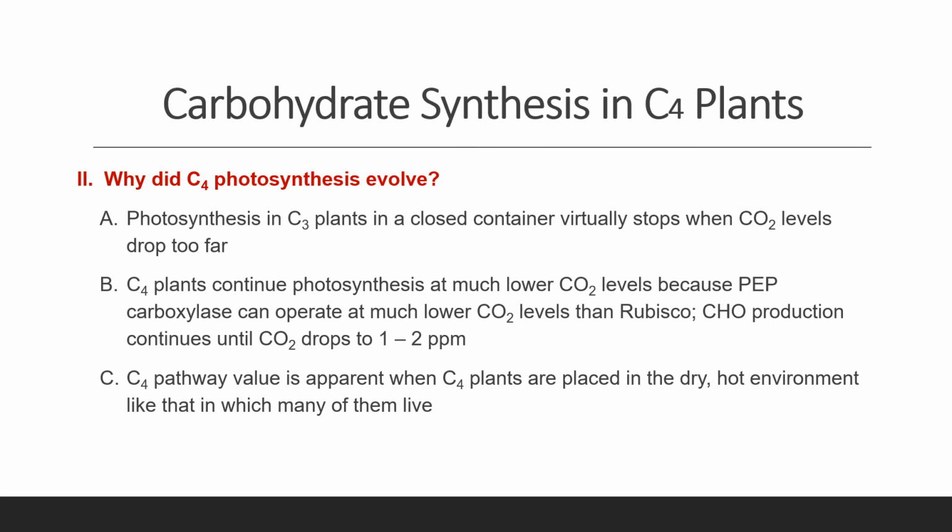So why did C4 photosynthesis evolve? If a C3 plant is placed in a closed chamber and its photosynthetic activity is monitored, it is found that once the plant reduces carbon dioxide levels in the chamber and the rate of carbon dioxide released by photorespiration equals the rate of carbon dioxide uptake by photosynthesis, the net production of carbohydrate stops.